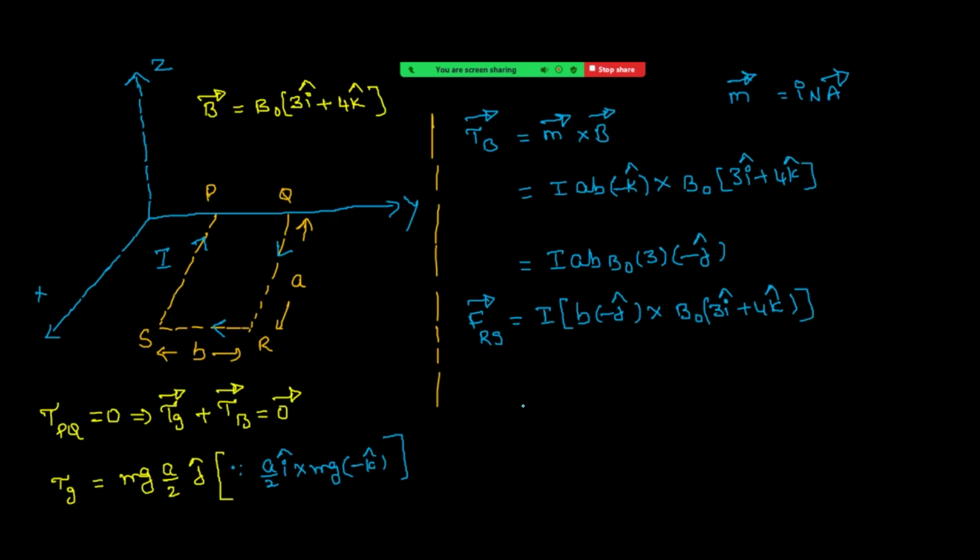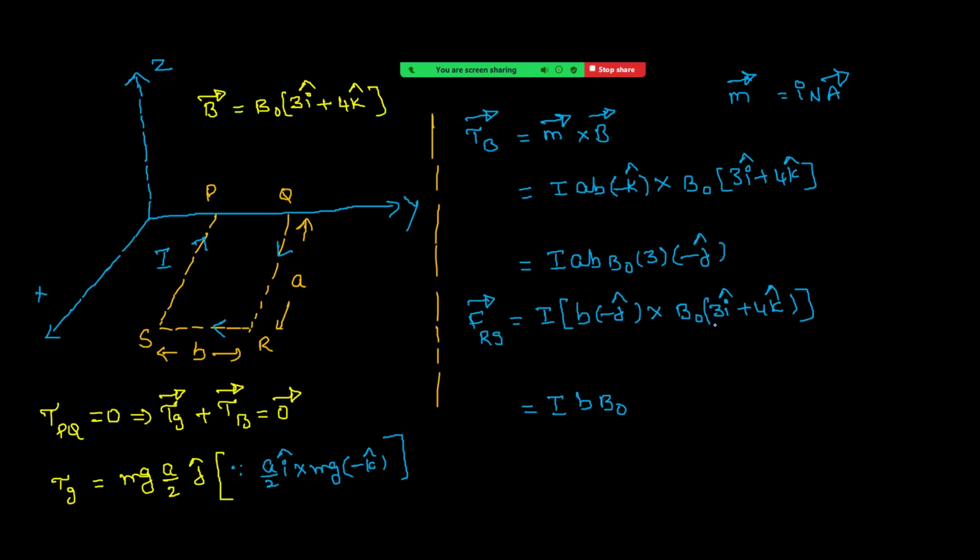Now see what we get here. First of all, we have to focus: he is asking what is the direction of current in PQ. For example, here we get I into b, taking B naught outside. The remaining is minus J cap cross I cap.